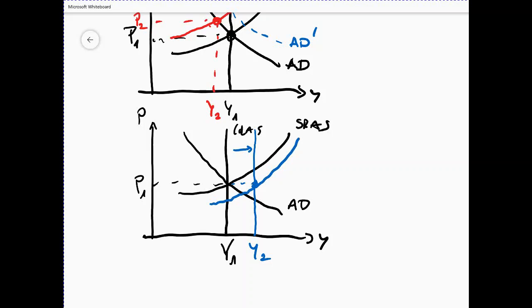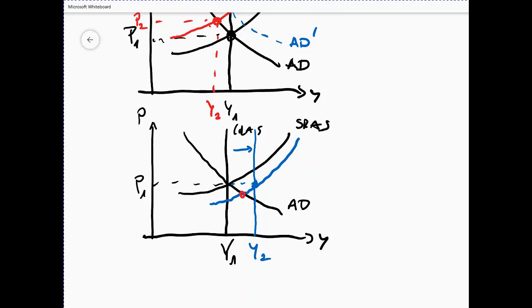But this would mean basically that there is technological development in the economy of which the firms actually use nothing. So that sounds to me a quite strange situation. That's why I always teach this in this way. So LRAS and SRAS are packed together. And now, the new situation is going to be here.